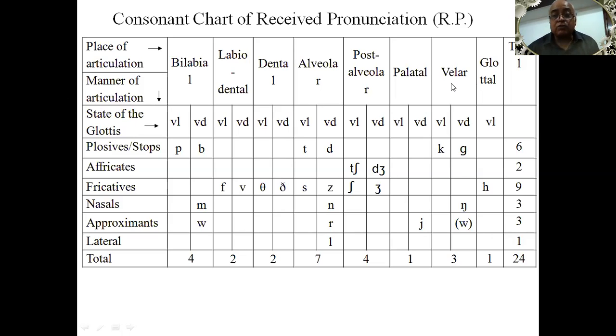It's a velar sound. We've seen another velar earlier, G. The back of the tongue touches the velum. That is the place of articulation, and it's a nasal because the oral cavity is closed and the nasal cavity is open.